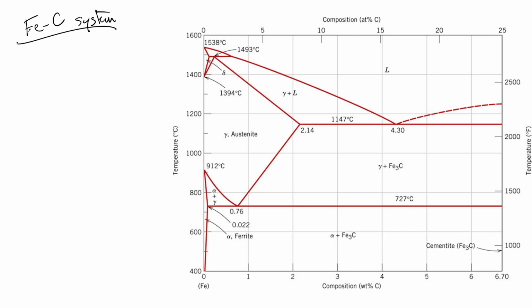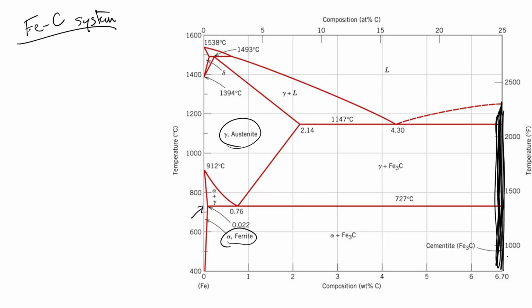Remember, we said the phases of importance are austenite, which is the FCC form of iron, ferrite, which is the BCC form of iron, but that's just a little sliver right there, and Fe3C, which we said is a line phase over here on the right side of this phase diagram.